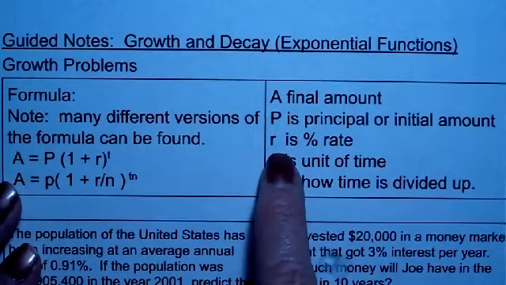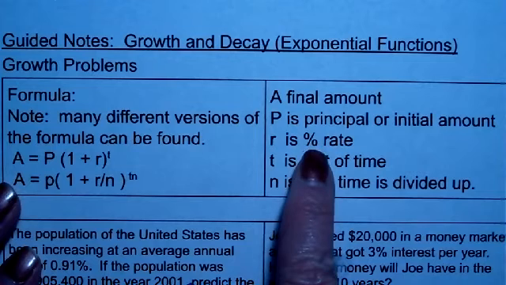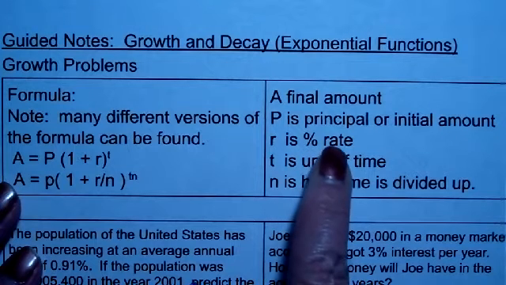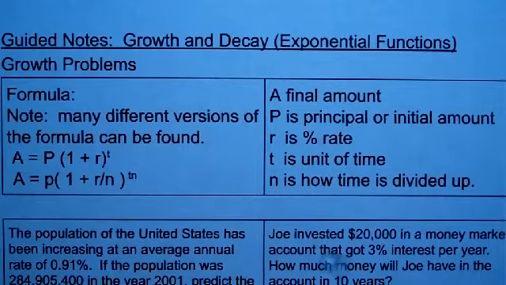Okay, R is your percentage rate. If you're talking about banking, that actually might be your interest rate. Okay, it's your percent of increase or decrease. Now those are words you learned last year in math. Percentage of increase or decrease.